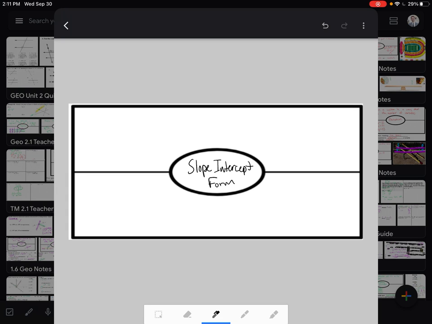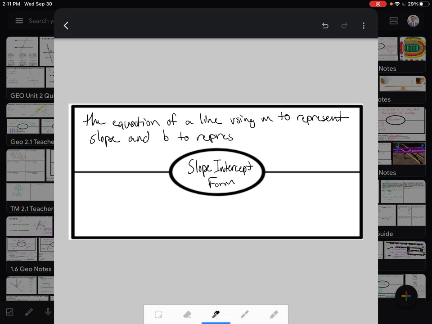And this is defined as the equation of a line using m to represent slope and b to represent the y-intercept. So we spent a whole lesson and a whole video talking about solving for slope, so that's going to be our m value. And today, thinking about y-intercepts are our starting point, that's going to be our b value.